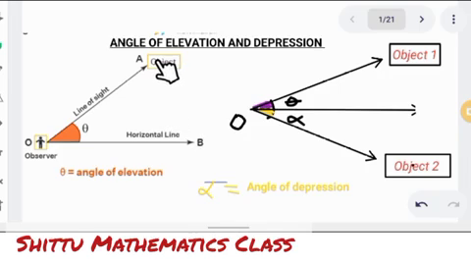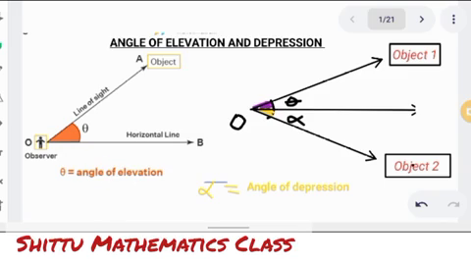Now, this horizontal line and this line of sight, to observe this object here: the angle between this horizontal line and the line of sight is called theta, and it is called angle of elevation, and that is very, very simple.